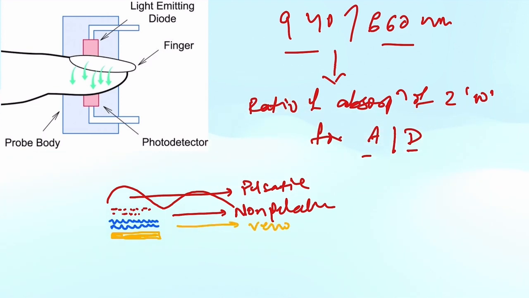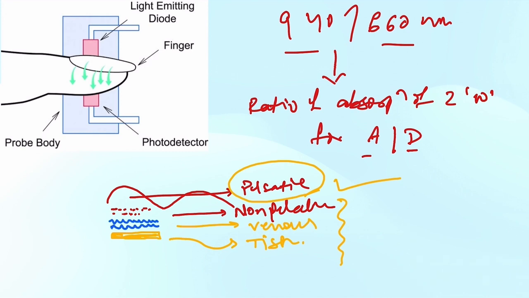This is venous and this is tissue component. So we need to estimate the absorption spectrum of this pulsatile component only, and these non-pulsatile components from the arterial blood, venous blood and the tissues need to be adjusted against this pulsatile component, right?